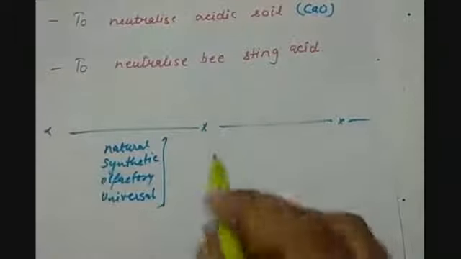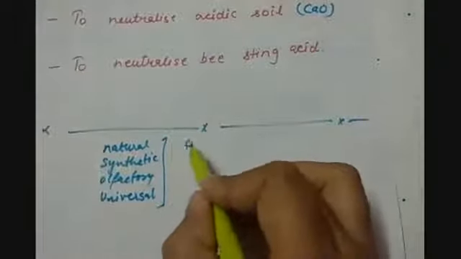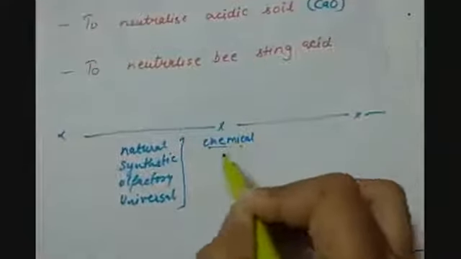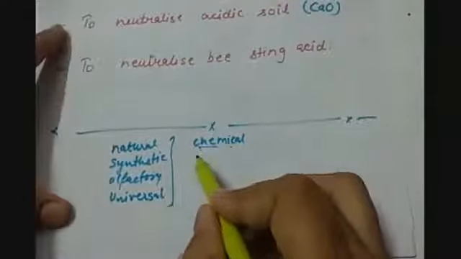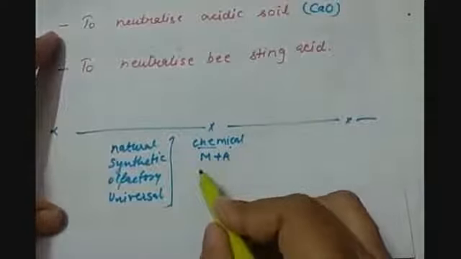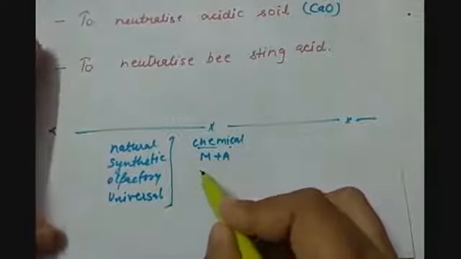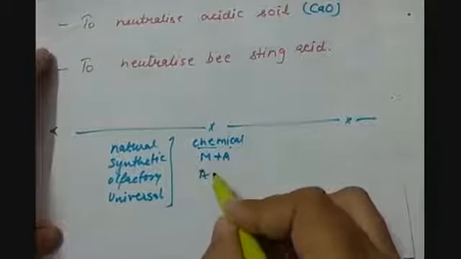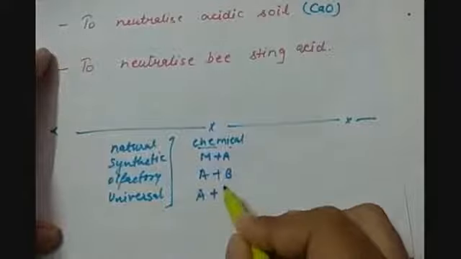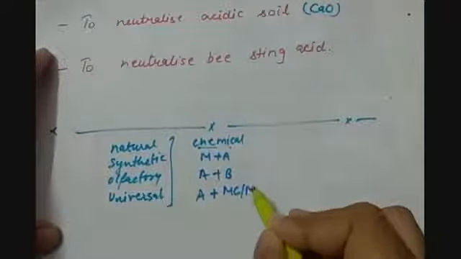Then we have seen the chemical properties of acids and bases. In the chemical properties, we have seen the reaction of metal with acid, and we have also seen the reactions of acids with metal carbonates or metal hydrogen carbonates.